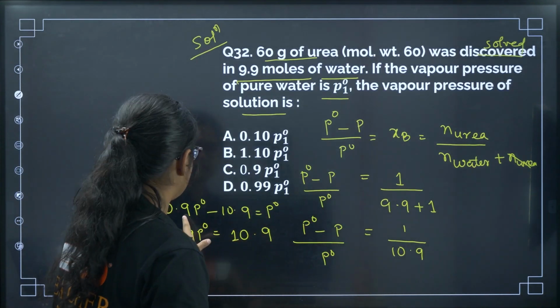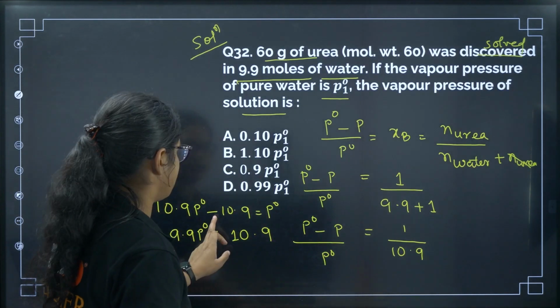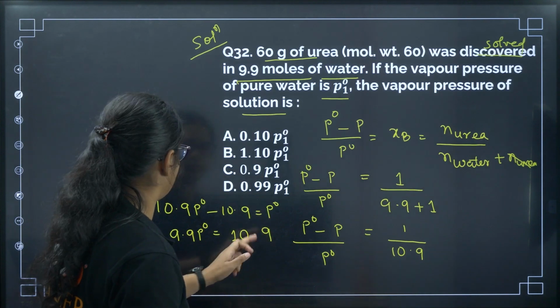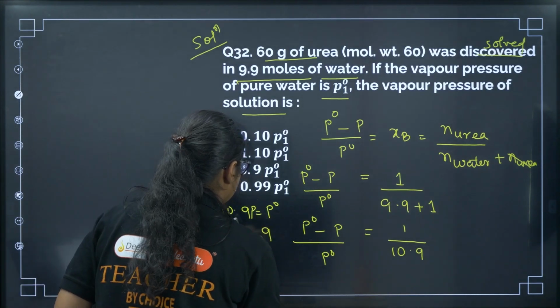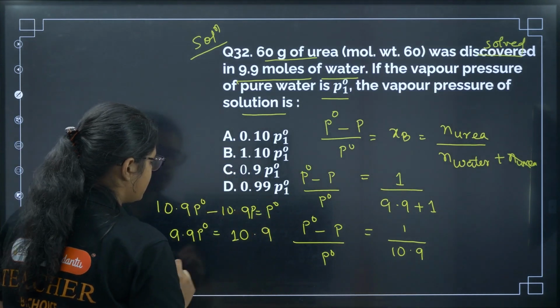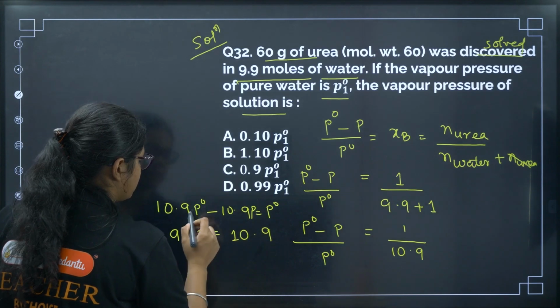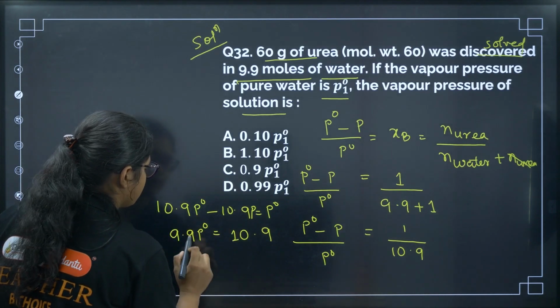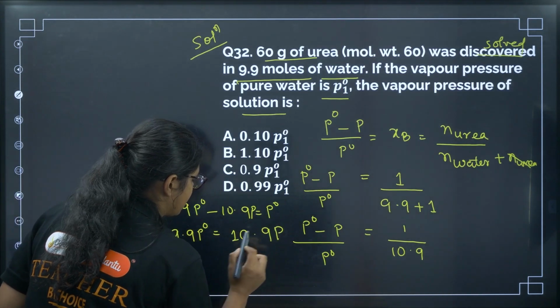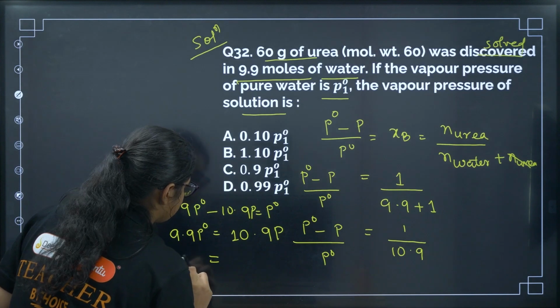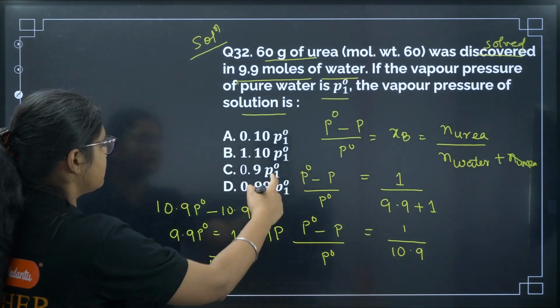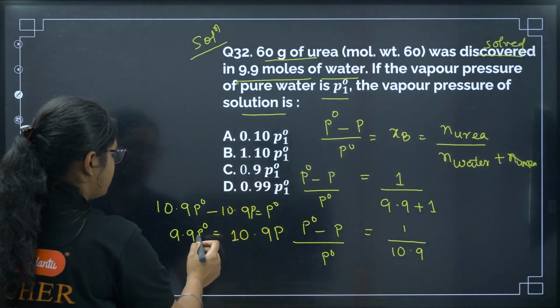So here we got the equation 10.9 P0 minus 10.9 P is equal to P0. Now this value will come here, so 9.9 P0 is equal to 10.9 P. We need the answer in terms of P0, right?